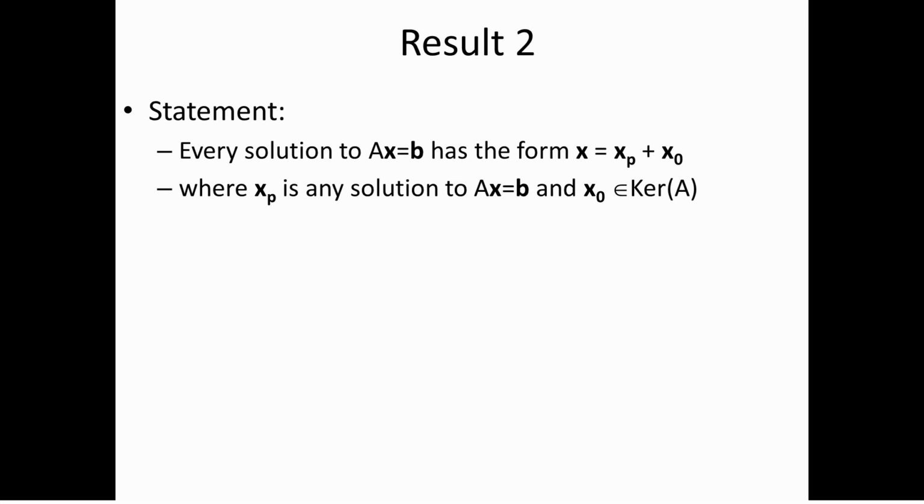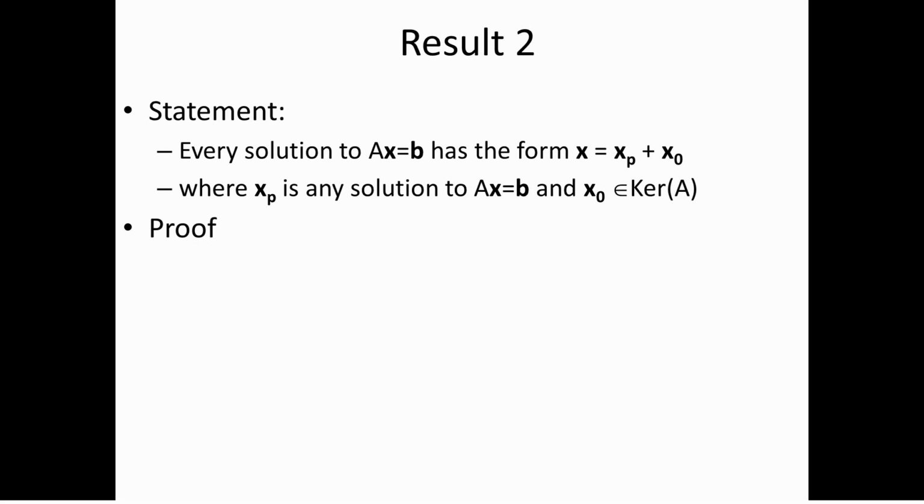You might remember we write it as a particular solution, which is any solution, plus a homogeneous solution, and that's the solution to the homogeneous equation. Well, what are vectors in the kernel of A? Those are solutions of the homogeneous system, right?